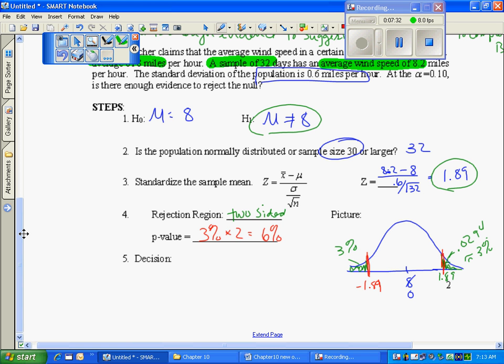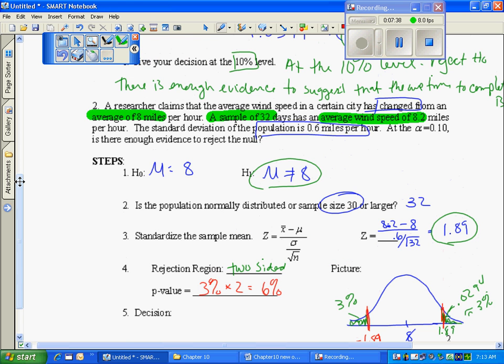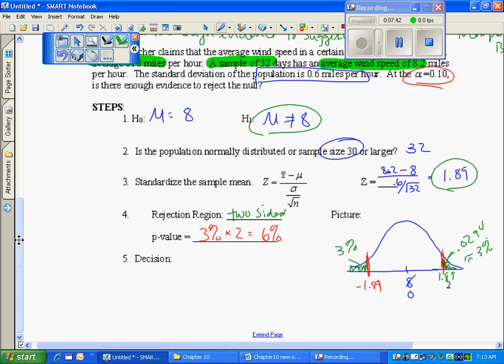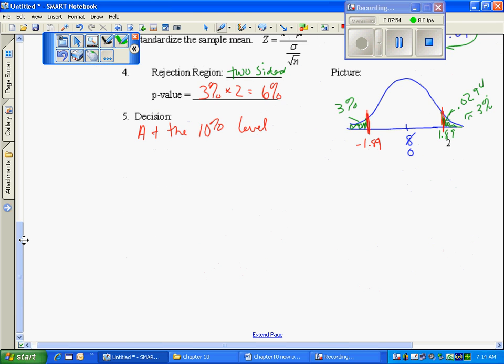Is it unlikely enough? Well, we need to go up here and look, what level did they set the chance to be at? The alpha level, 10%. So at the 10% level, what are we going to do? Well, 6% is unlikely. At the 10% level, it's actually very unlikely. So I can reject the null. So what is that saying?